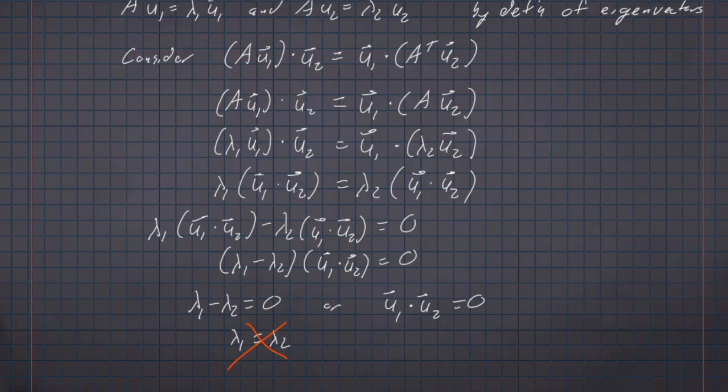But we know that that's not true because lambda 1 and lambda 2, we assumed at the beginning, were two distinct eigenvalues. We needed to have eigenvectors from two different eigenspaces, so we needed those eigenvalues to be different. And because that is not an option, the only thing left is that U1 dot U2 is equal to 0. That's what it takes to be orthogonal. And that gives us our result.